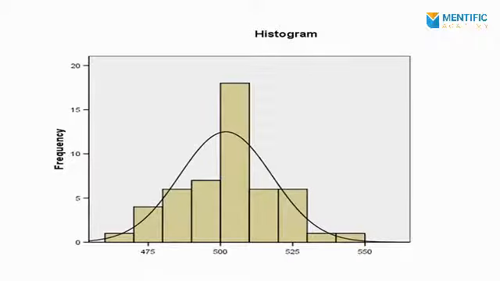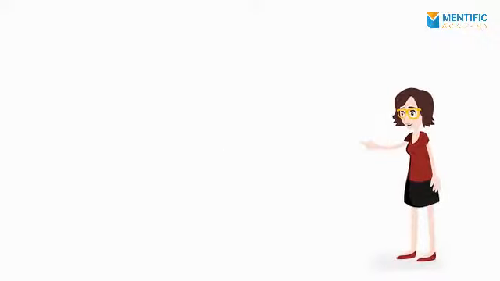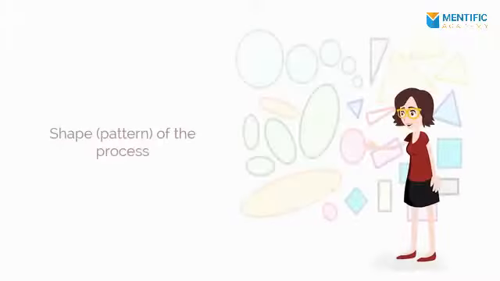We can see the shape of the underlying distribution. Some of the important aspects to be considered when studying a histogram are, firstly, location of the mean of the process. Secondly, spread or variation of the process. And thirdly, shape, pattern of the process.